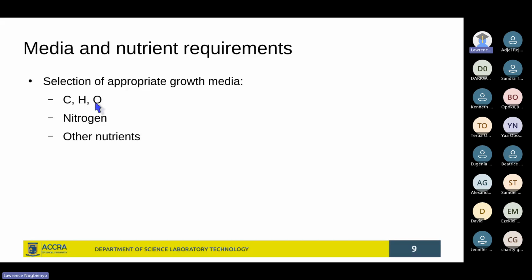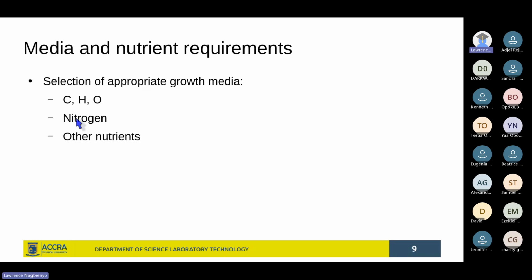If you take proteins, you find nitrogen because you have an amine group there. The same way, if you take nucleic acids, apart from the carbon, hydrogen, oxygen, there will be some nitrogen because you have a nitrogenous base, which is on a pentose with a phosphate group. So that is phosphorus also coming in there.